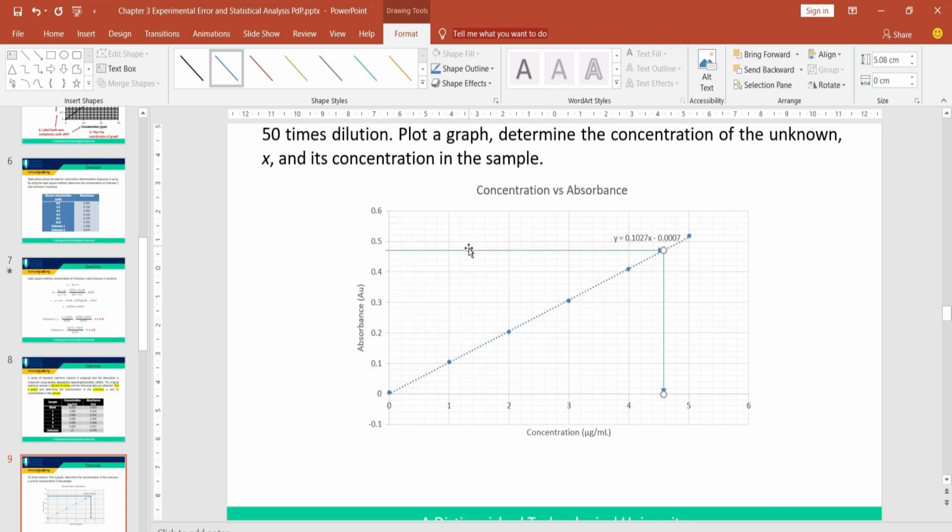You need to show this arrow, then you can get marked. If you don't show the arrow, okay, you didn't fulfill the requirement of the question.